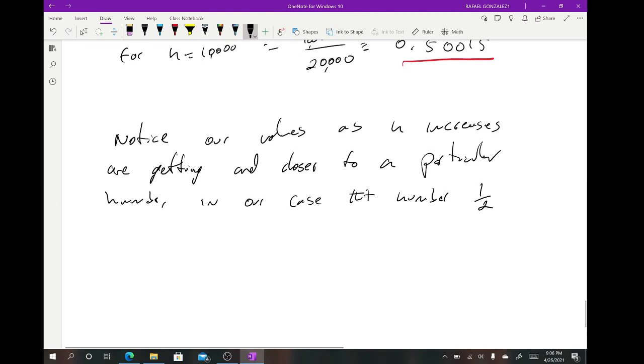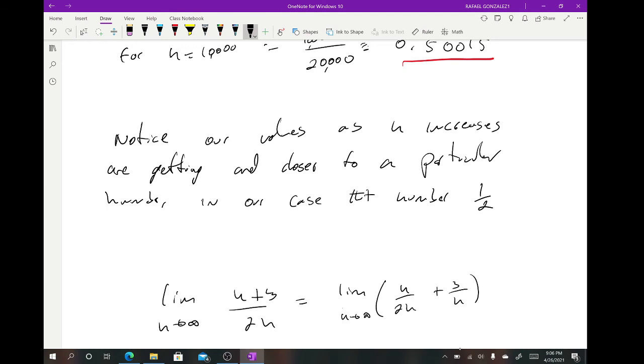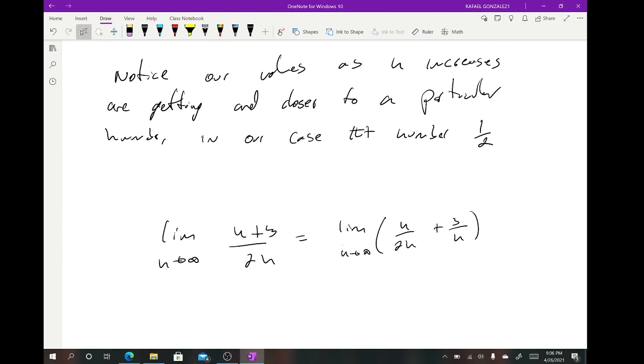So if we take the limit as n goes to infinity, as n gets very large, of n plus 3 divided by 2n, we get the limit as n goes to infinity. We could split this up, so we have n over 2n plus 3 over n. We also covered this before with infinite limits. You know that it's going to be a half because they have the same degree in the numerator and denominator.